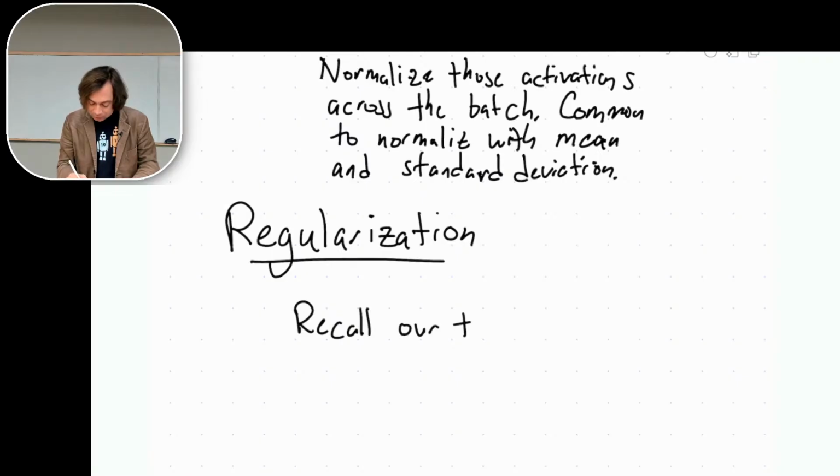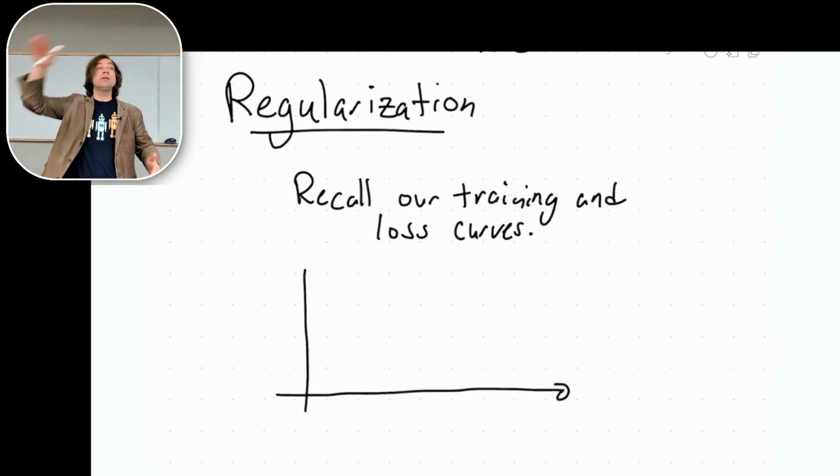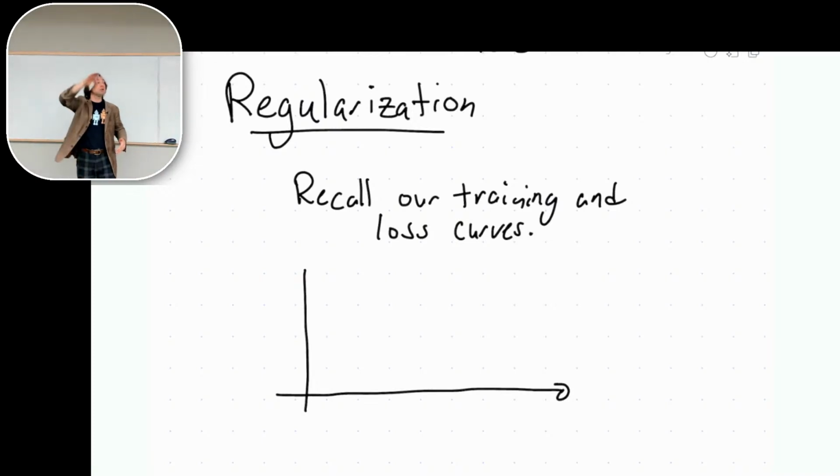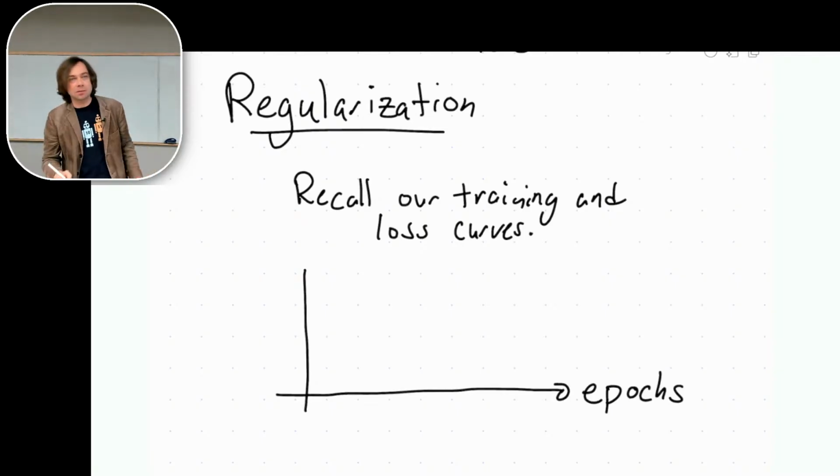Our training and loss curves. You may not have called it that before, but the idea is if you have some algorithm that you are training over different iterations of gradient descent. Some people call them epochs.